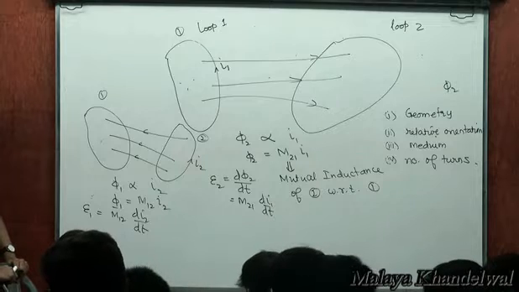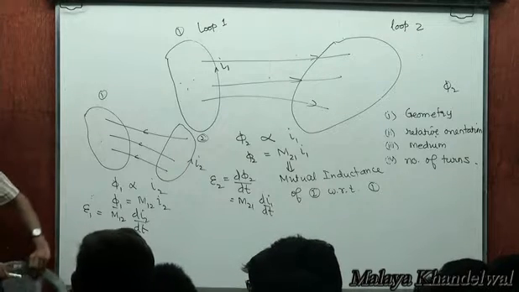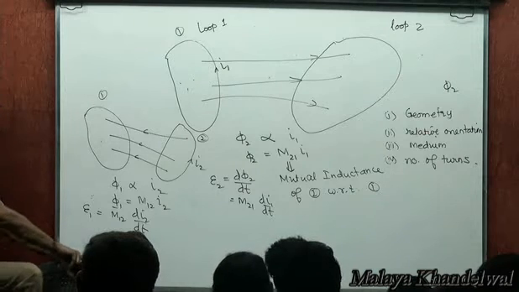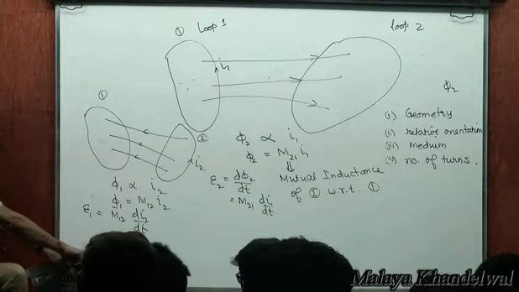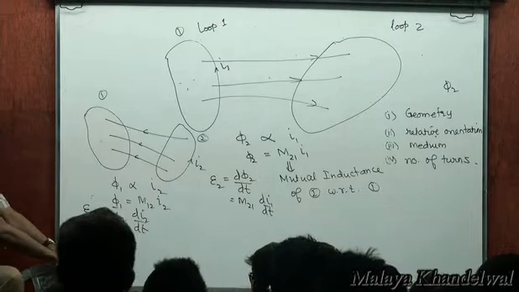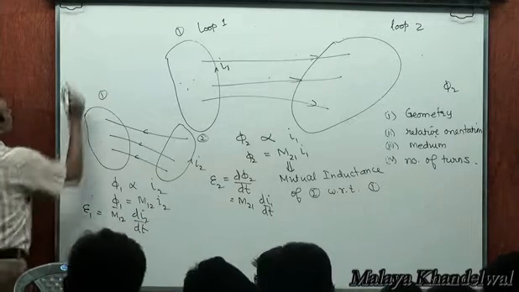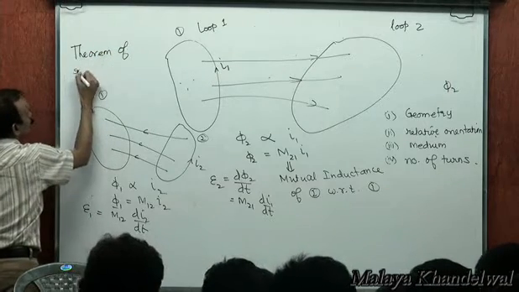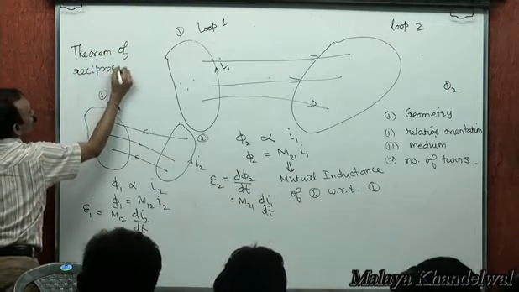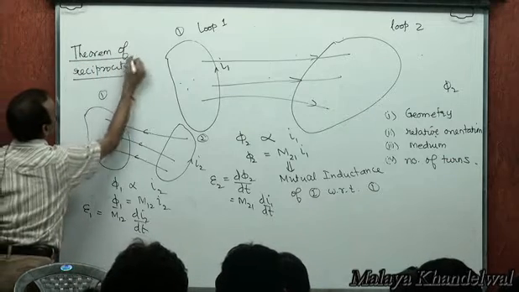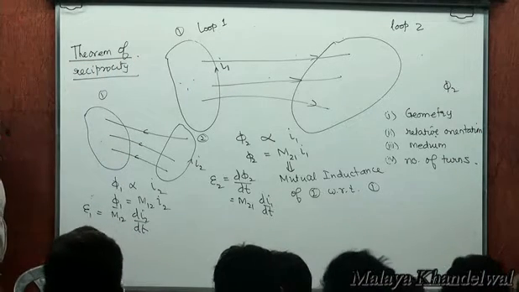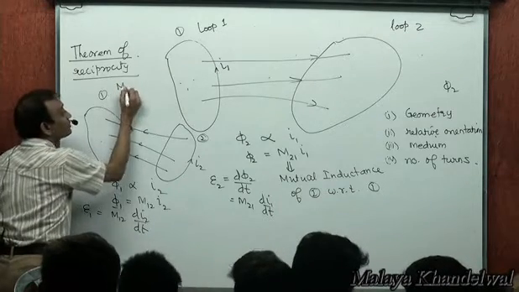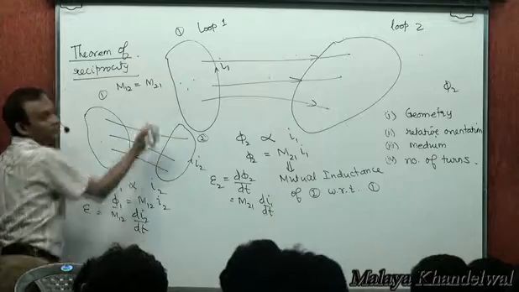Now, a result that I am going to state, but the proof of it is beyond the scope of the mathematics that you know. This is called the theorem of reciprocity, which essentially says that M12 will be the same as M21.